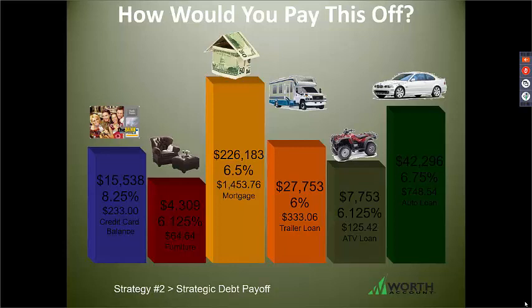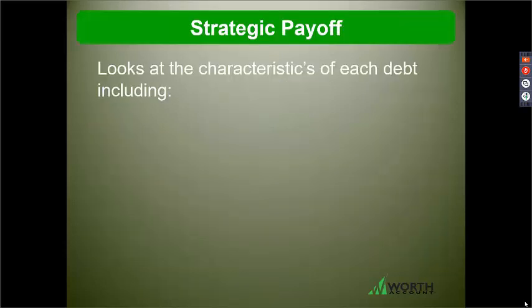So instead of sending a funds transfer just to the mortgage, it might send it to the auto loan or the four-wheeler loan or any of your auto loans or different credit card loans or whatever. It's going to incorporate all your debt and look at everything strategically and pay it off as fast as possible.